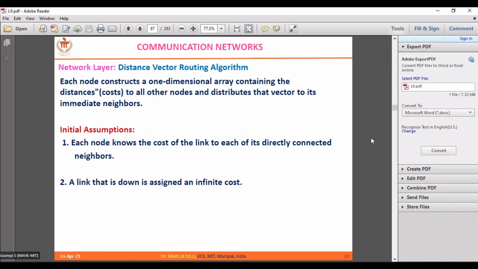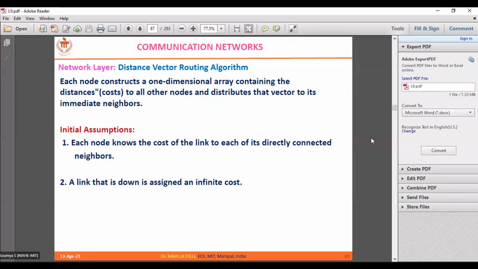Moving further. Another very important routing algorithm, in fact used most in networks today, is the distance vector routing algorithm. It is based on the same concept we have done earlier, but the way in which it makes its table is a little different.